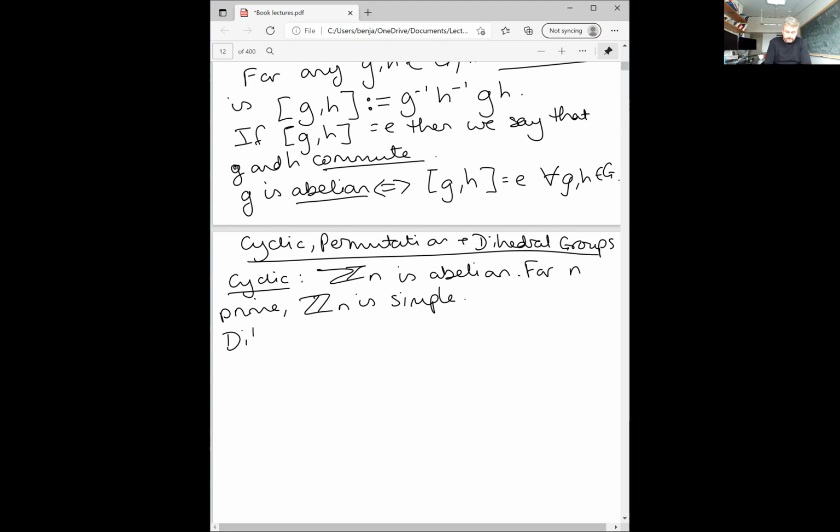The dihedral group, well, we saw this for the triangle, and you've done an exercise in it, hopefully, for the square, symmetries of the square. So in general, Dn is the symmetry group of a regular n-sided polygon.